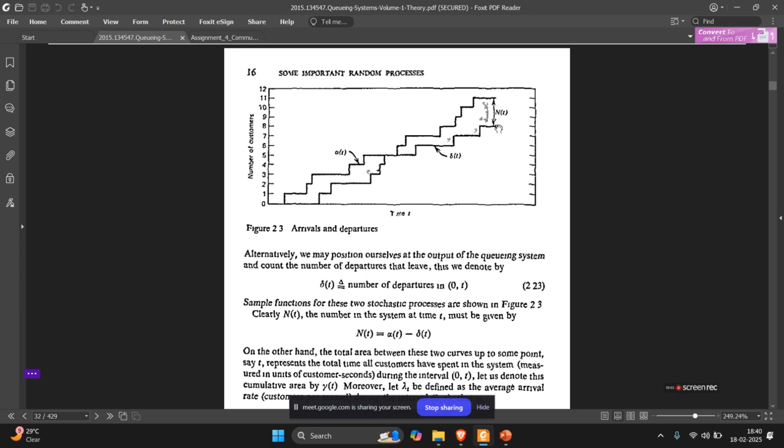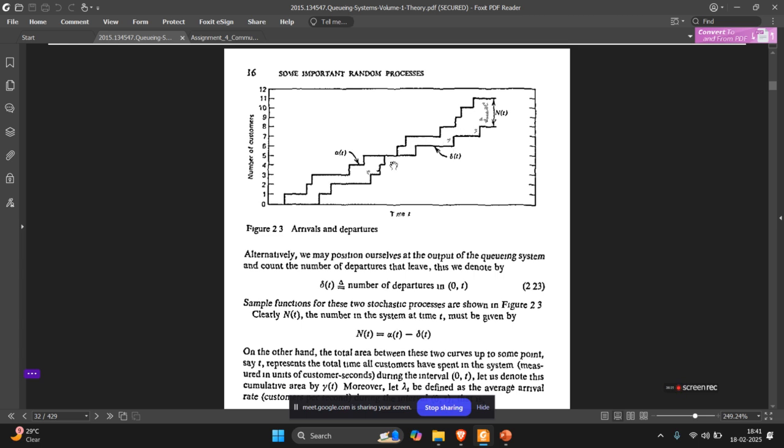The difference is the number of packets that are in the system, that is, in queue plus server. So all the packets in the system, queue plus server, this number is the difference between alpha t and delta t. This difference can be 0 when the packet that just arrived got served. So this difference is 0.